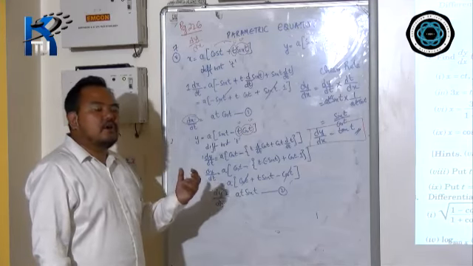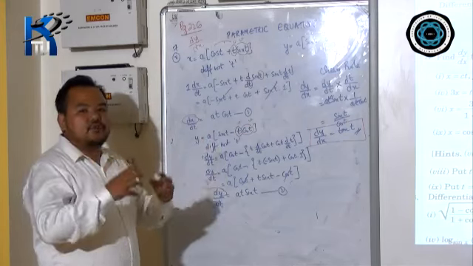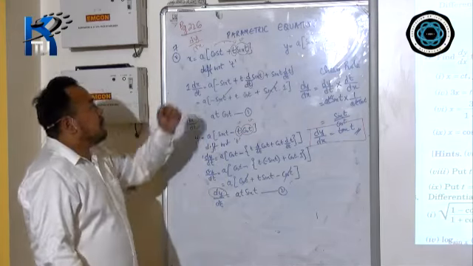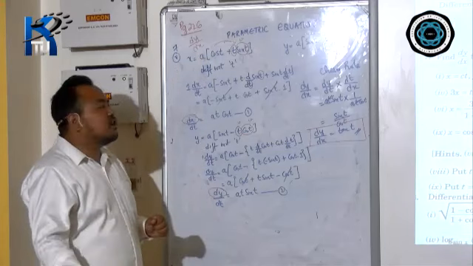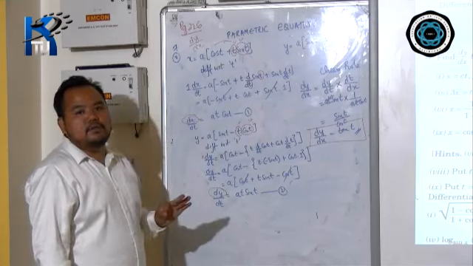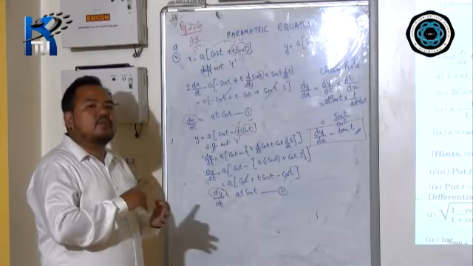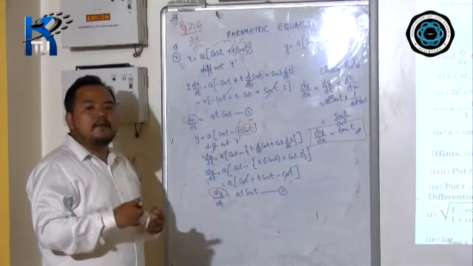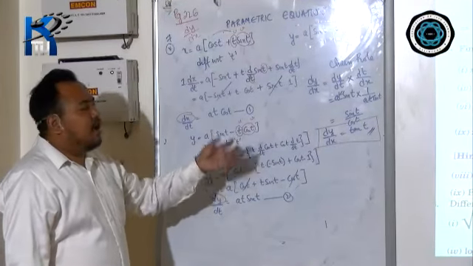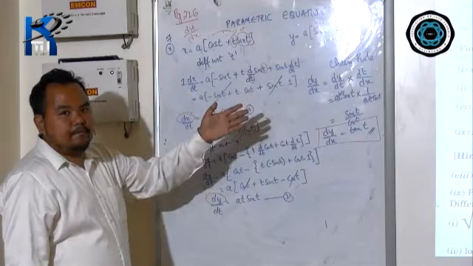Again, what is an implicit function? x and y are together. The fifth one is the parametric equation. What is a parametric equation? There will be two equations and three variables. You are going to differentiate with respect to the independent variable. Independent means the variable which is common to both the equations. And finally, you have to use the chain rule.